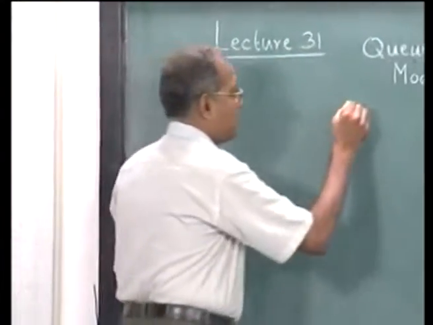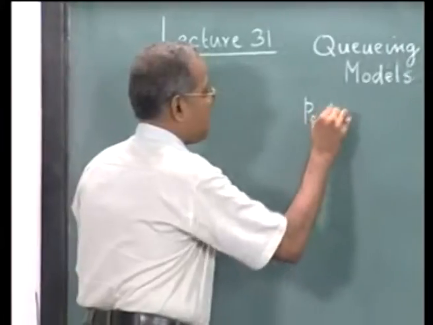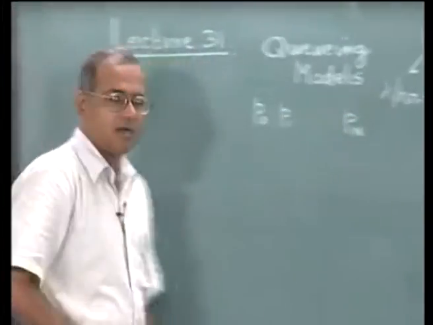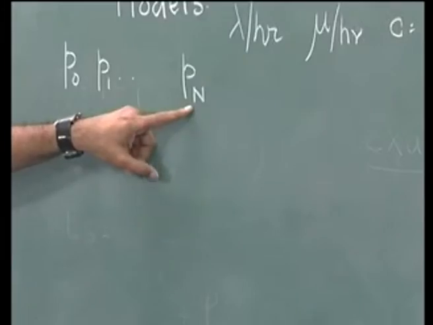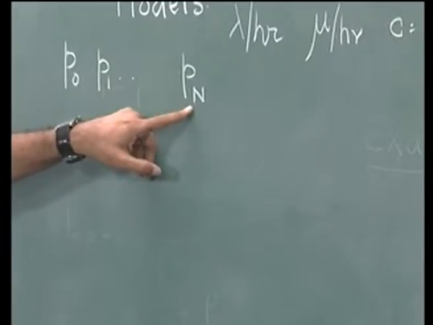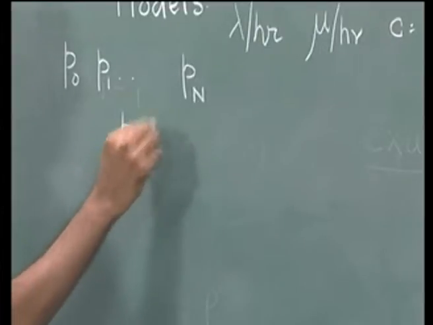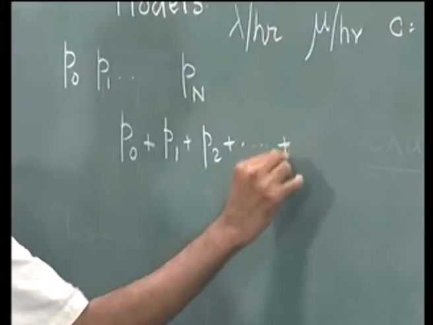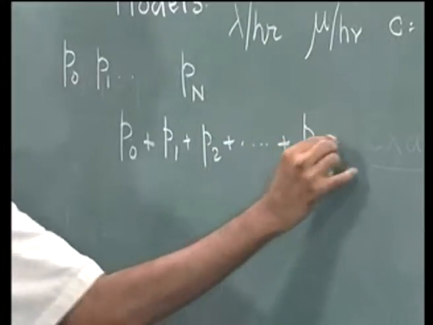So, the probabilities will now become P naught, P 1 up to P n, where capital N is the maximum number that this system will hold. One of the equations will change, that we will have P naught plus P 1 plus P 2 etcetera plus P n will be equal to 1.